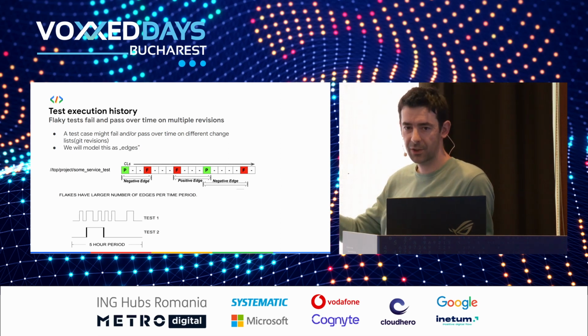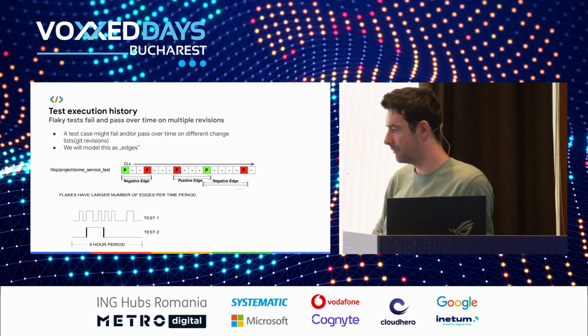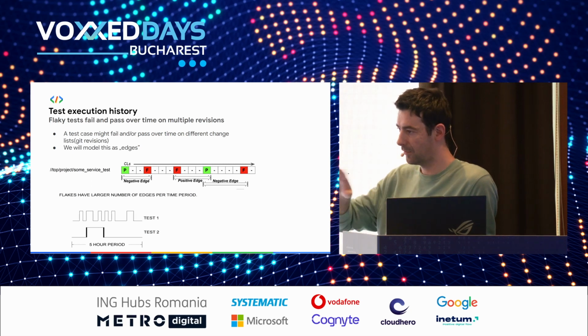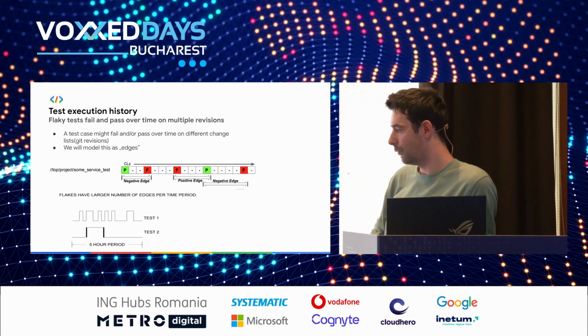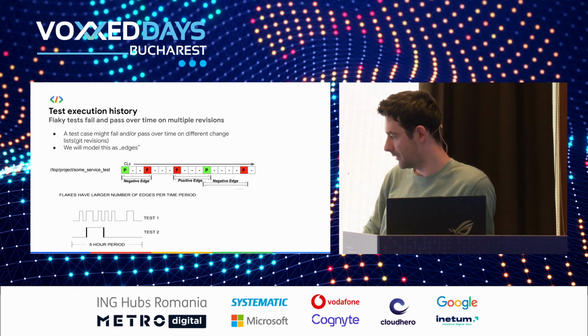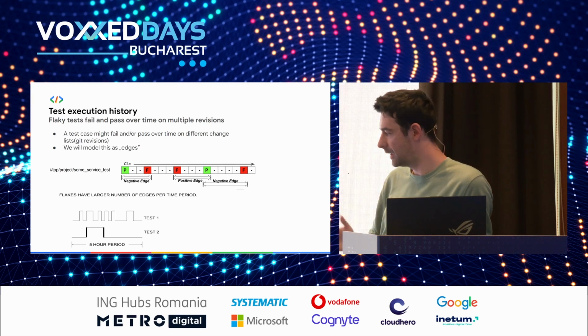It's not the infrastructure, it's not a Jenkins machine in the cloud failing. There is something with that test. So we see here that in this 5-hour period, test 2 has a lot of failures and passes, whereas the second test has just 1 failure and 1 pass. So the first test is highly likely to be flaky, whereas the second one is more likely not flaky.